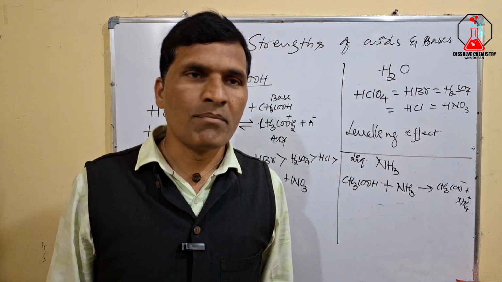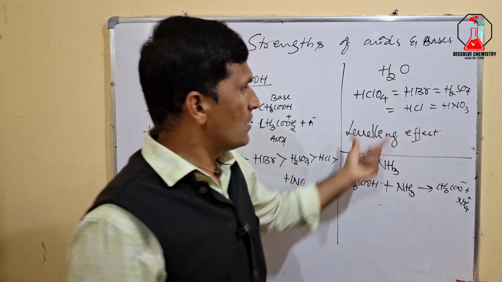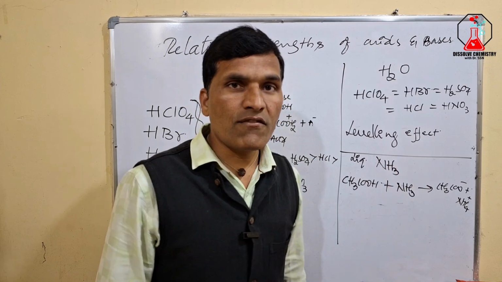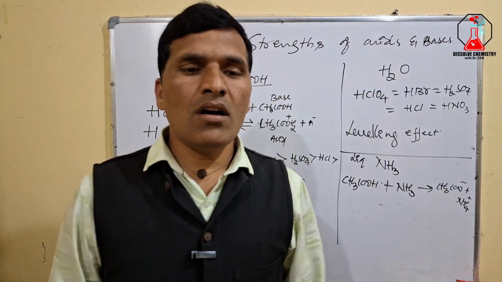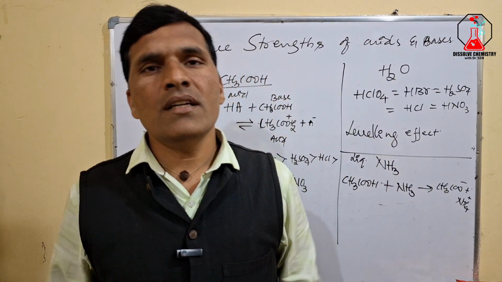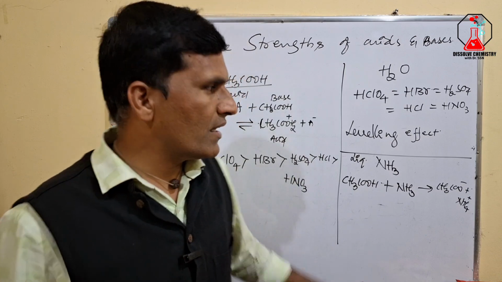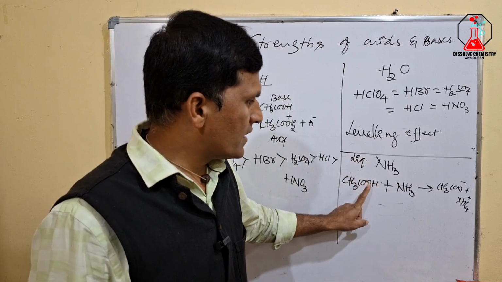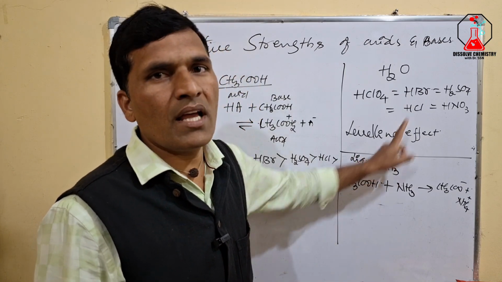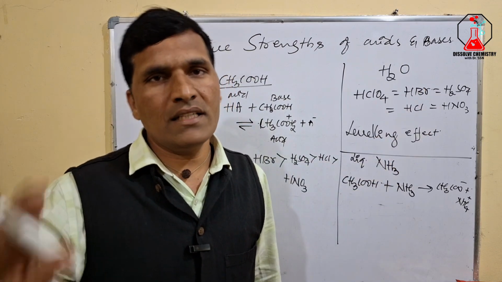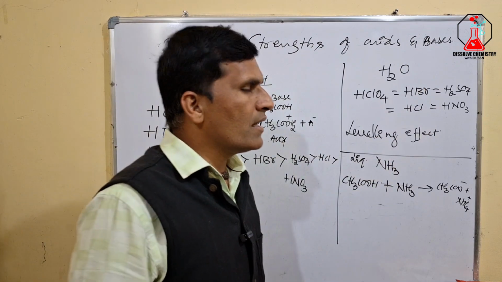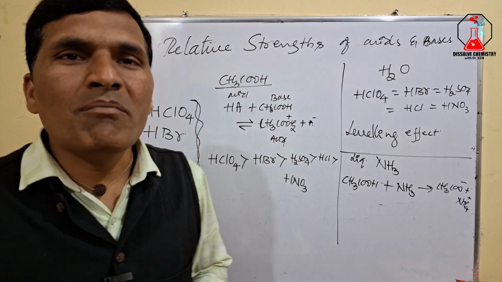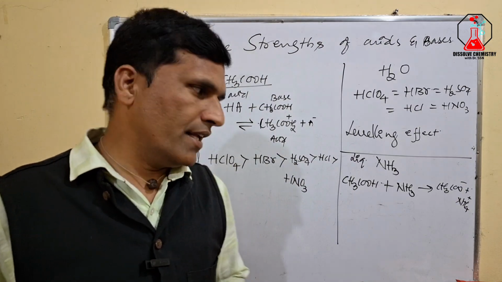That is how the solvent influences the strength or ionization of the acids. Remember that in liquid ammonia, acetic acid behaves as good as HCl as an acid. Then let us look at bases, how they vary.